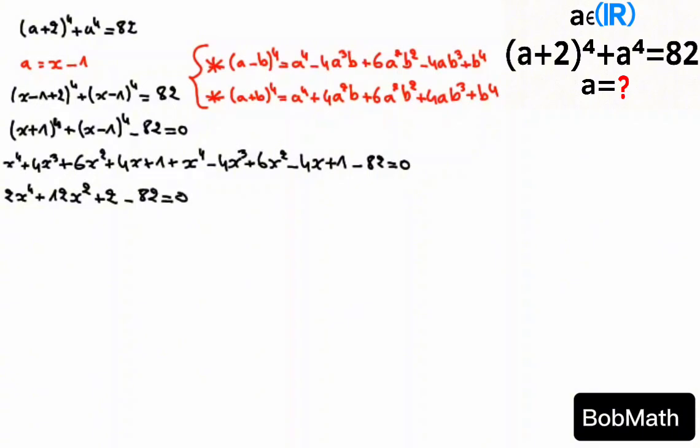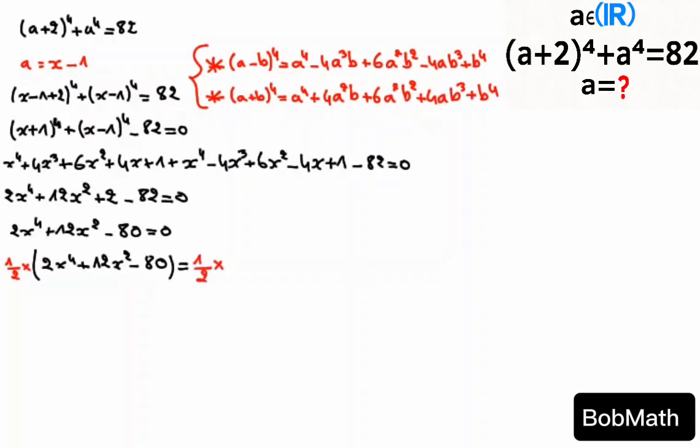And therefore 2x^4 + 12x^2 - 18 = 0. Now we multiply this equation by 1/2. So we got 1/2 times (2x^4 + 12x^2 - 18) = 1/2 times 0. And therefore x^4 + 6x^2 - 14 = 0.